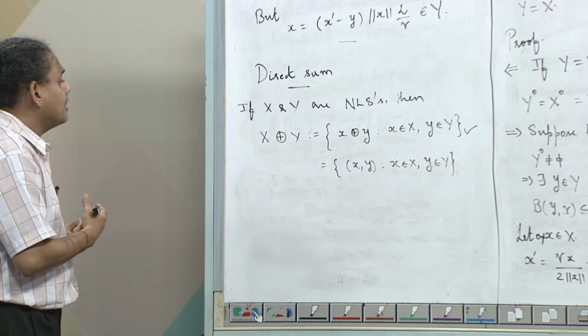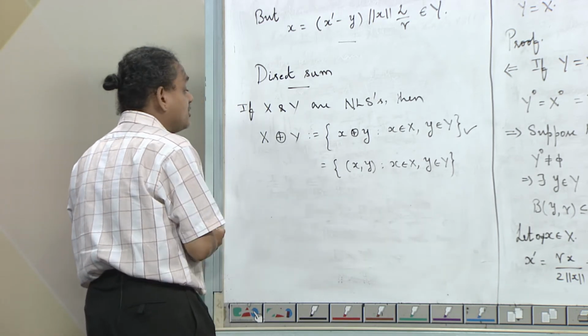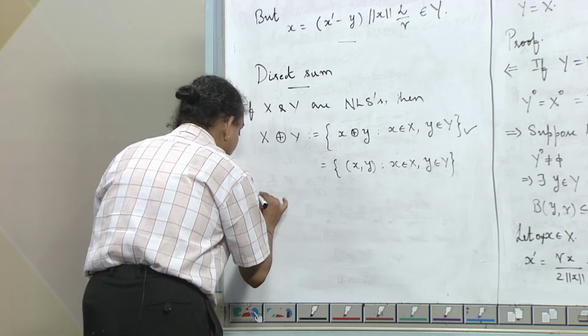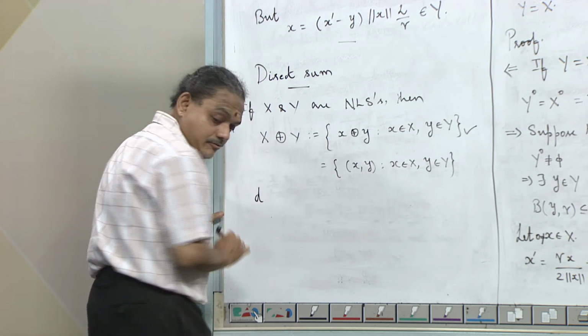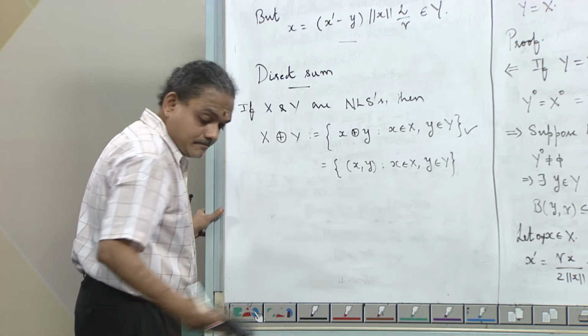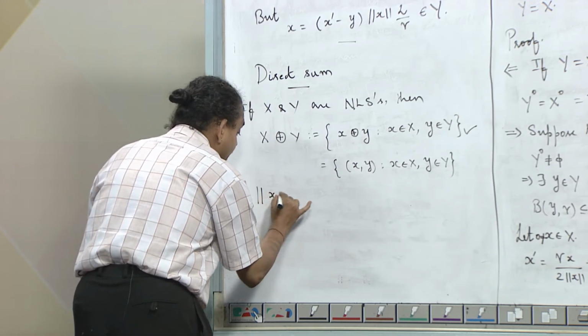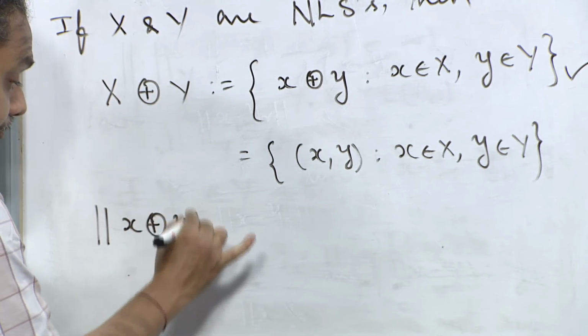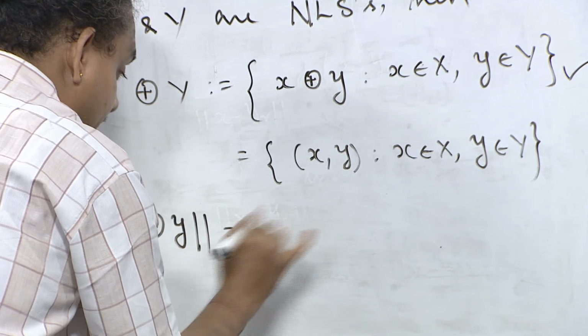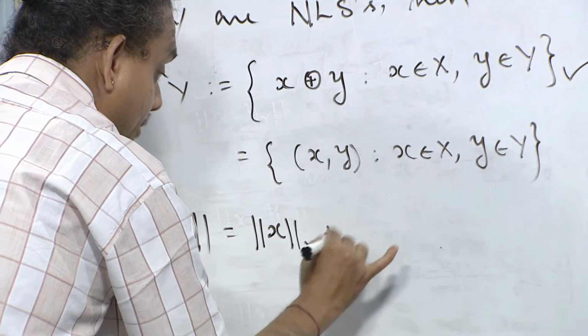Now, the question is about how to give a norm here. In fact, several norms are possible. So, I will define one; rather than putting it as d, I will put it as norm. So, the norm of x direct sum y is defined as norm x plus norm y.